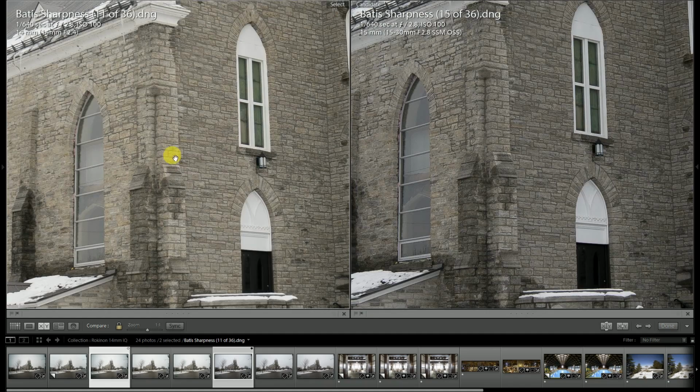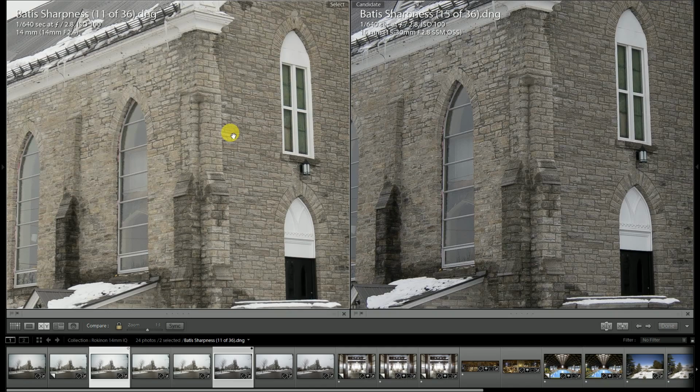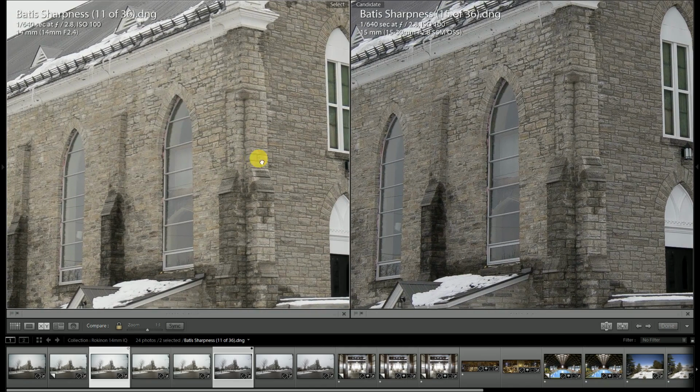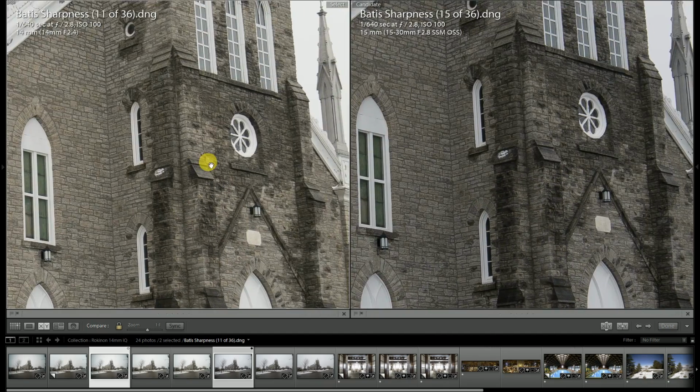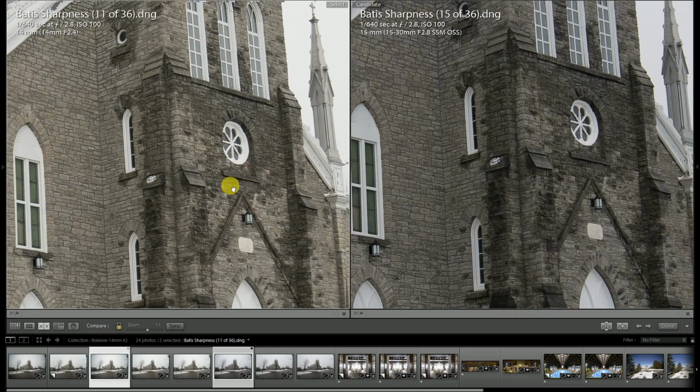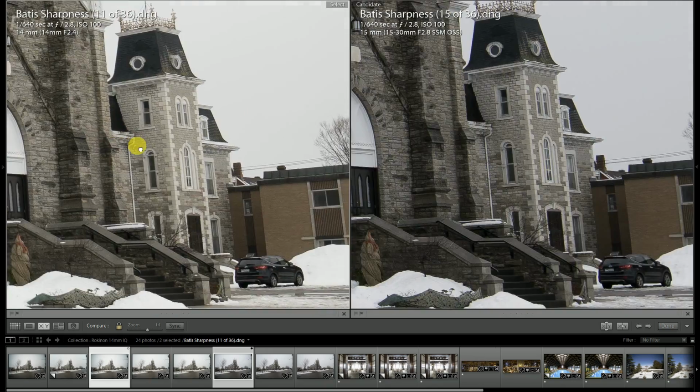Now, if we look towards the center of the frame in terms of overall sharpness, here you can see that the Tamron does very well. I've compared it with a lot of newer lenses recently, and it continues to hold up very, very well. And so I would say that there may be a minute edge for the Tamron, but they're really so close that it's nearly indistinguishable.